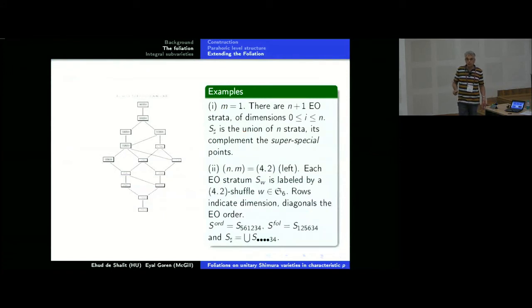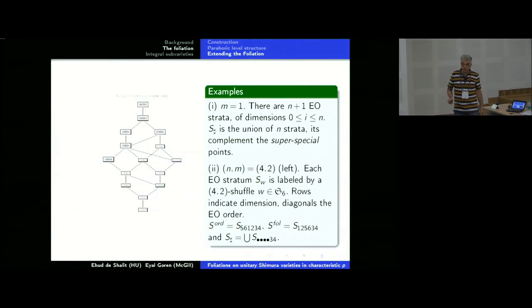So if m is 1, Shimura varieties of signature (n,1) are much, much easier than the general case. In this case, there are just n plus 1 Ekedahl-Oort strata arranged linearly. Of course, as in any stratification, the order relation is being contained in the closure of the previous one. So each one, its closure contains all the ones that are below it.